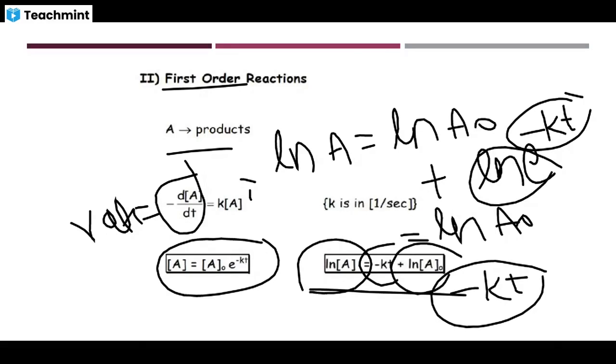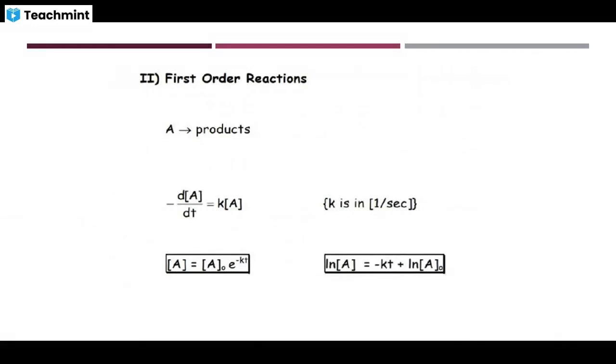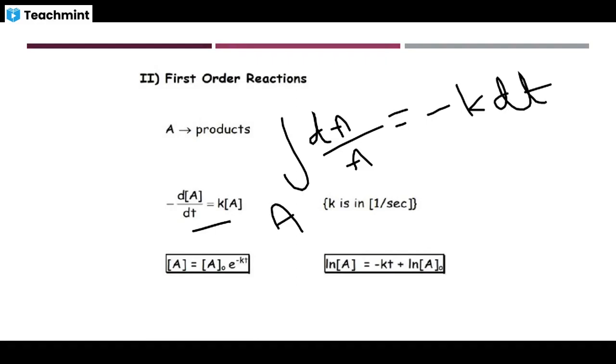Okay, this equation also, how it comes: if you take the A below, dA divided by A equal to, and take the dt to that side and the negative also that side, K into dt. The same like that. A from A naught to A, integrating with respect to t, and here also t from 0 to t.